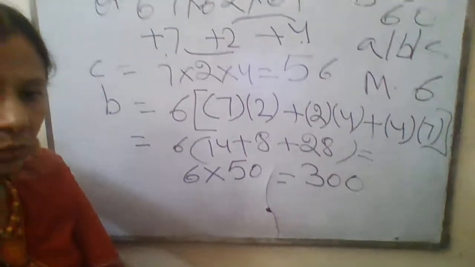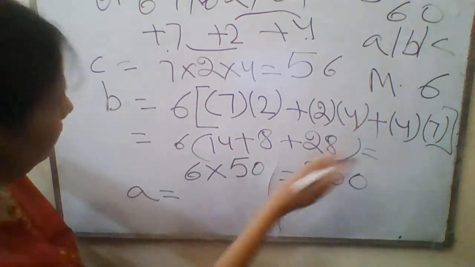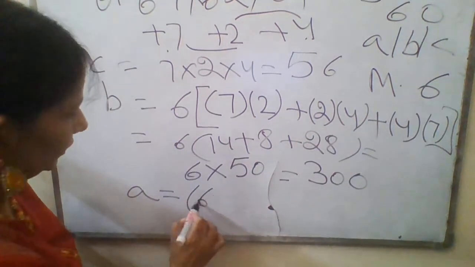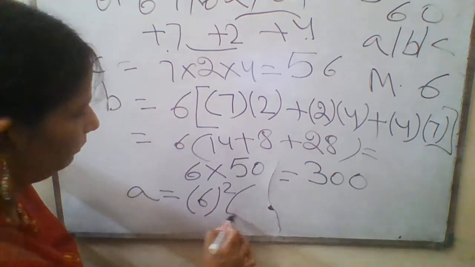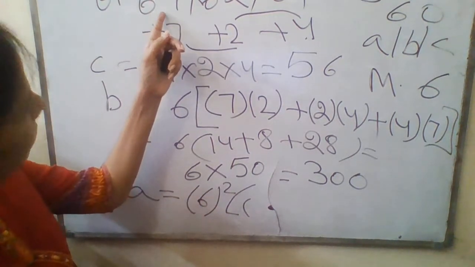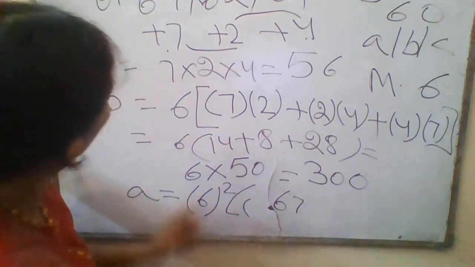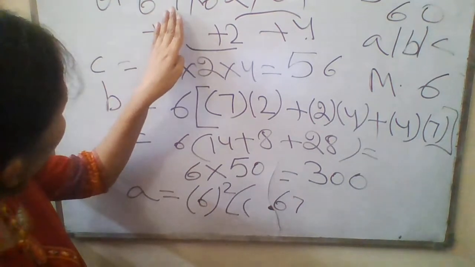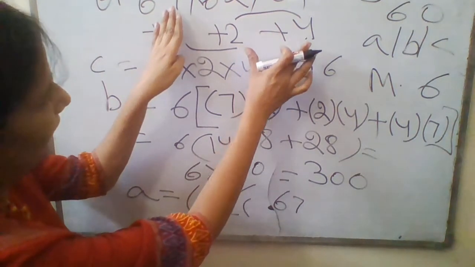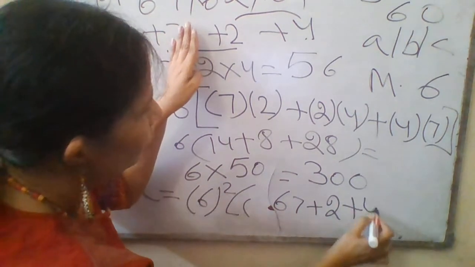Now you have to find out the value of A. To find the value of A, take the square of the multiplier 6, then bracket. Now I am taking the first term 67, so I will not take the excess of 67. What are the remaining two excess? You can see plus 2 plus 4.